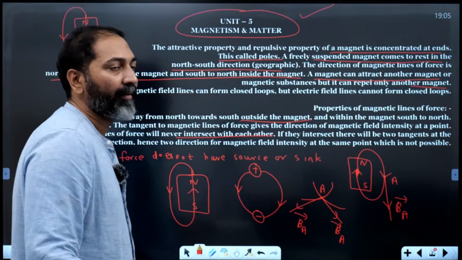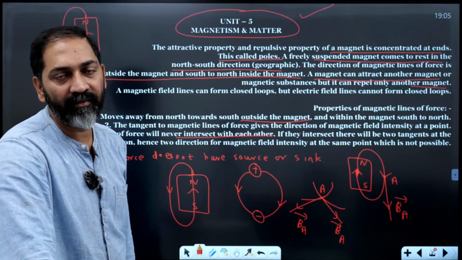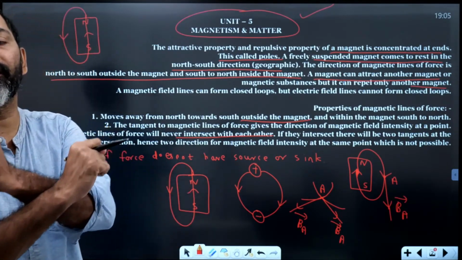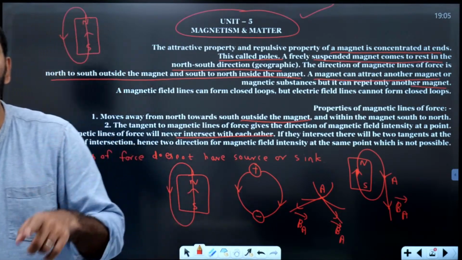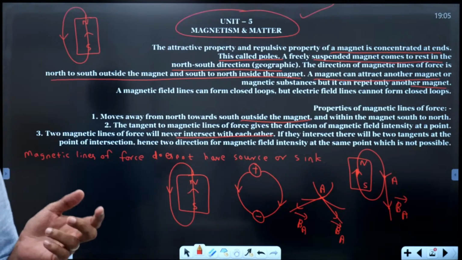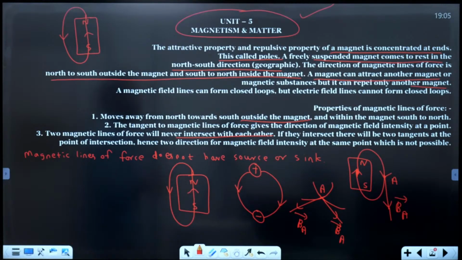A physical quantity cannot have two different directions at the same point. Hence two magnetic lines of force never intersect.